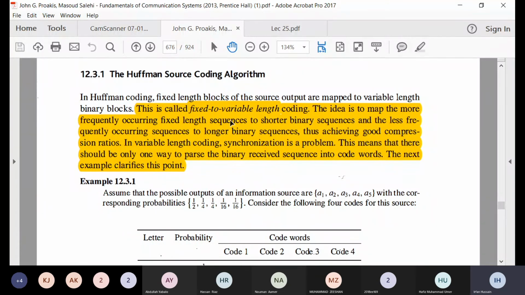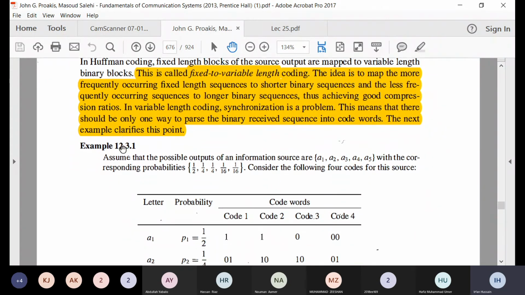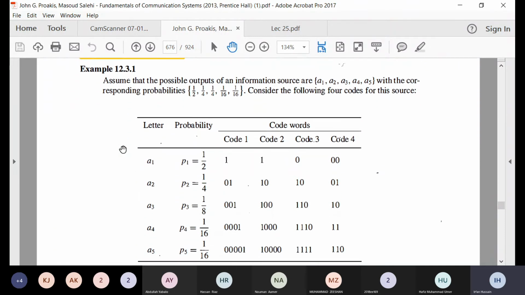The main idea is that more frequently occurring fixed length sequences are mapped to shorter binary sequences, and less frequently occurring sequences are mapped to longer binary sequences, so that we can have good compression ratios. Synchronization will be a problem, and we will see how to get rid of that synchronization problem.